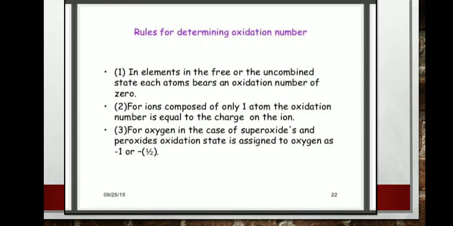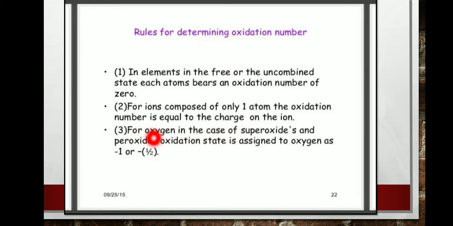First, the rules. First point, in elements in the free or uncombined state, each atom bears an oxidation number of 0. Second, for ions composed of only one atom, the oxidation number is equal to the charge on the ion.